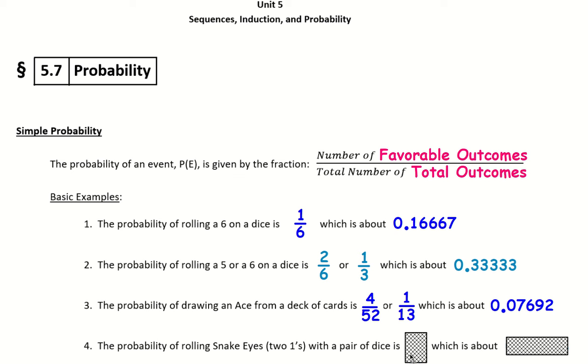That's going to be 6 times 6, so there are 36 total outcomes when you roll a pair of dice, and only one of them is snake eyes. Only one of the 36 possible outcomes is a couple of ones. So 1 out of 36, which is that decimal.